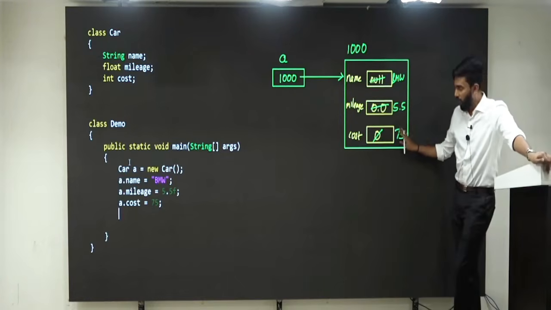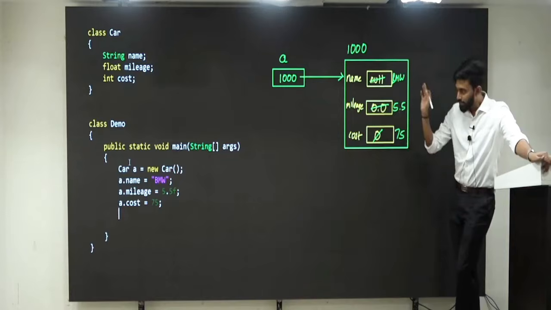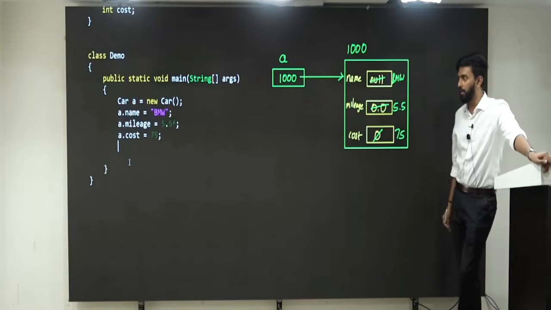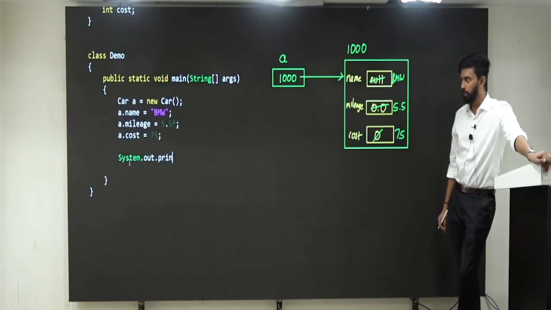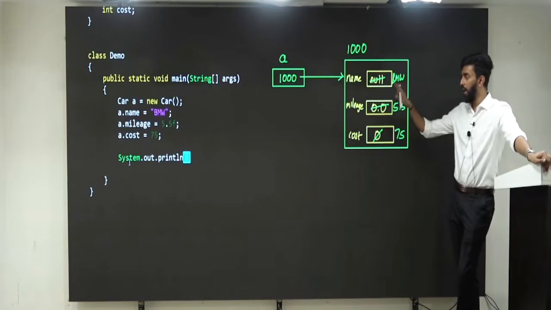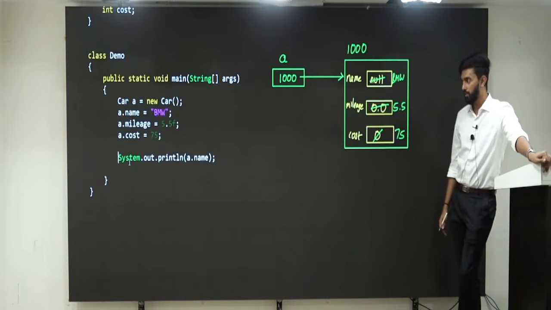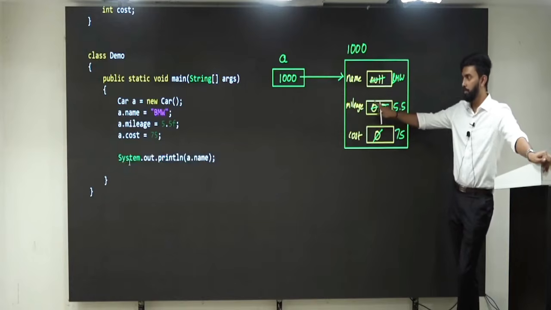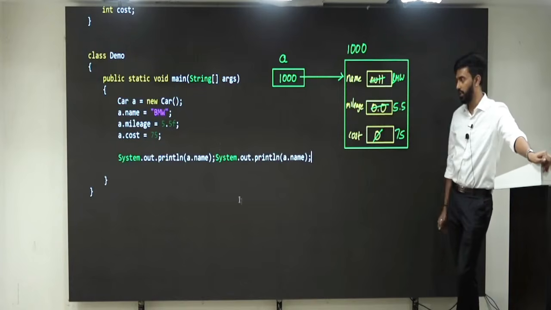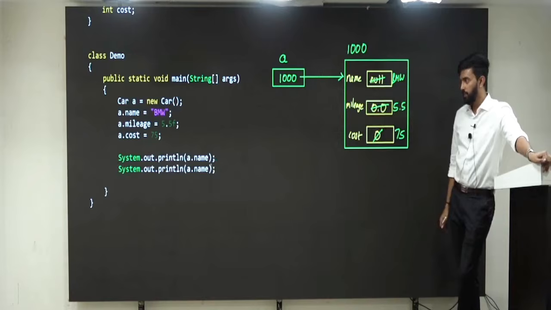Clear till here? Now I want to print and show you. System.out.println. A dot name will print name. Duplicate that line. Next. A dot mileage will print mileage. Correct. I am printing mileage.